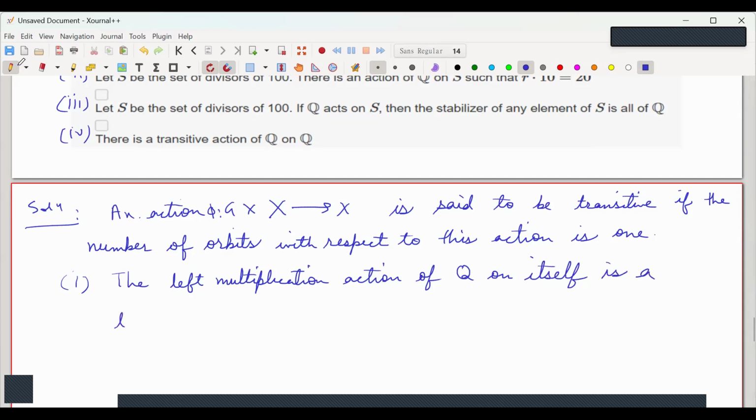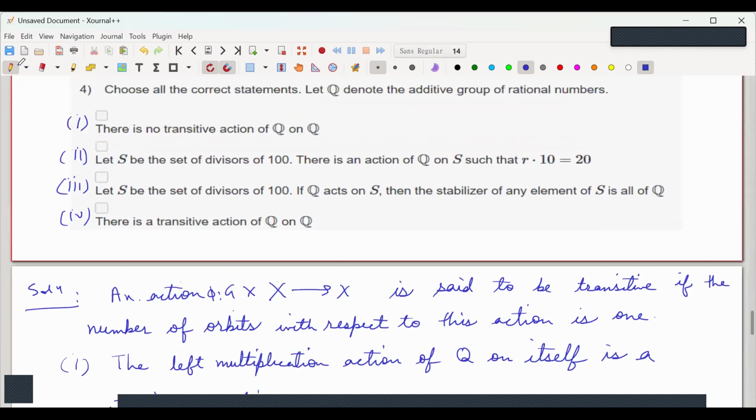And this is transitive for any group, Q has nothing to do here. So for any group G, there exists at least one transitive action given by the left multiplication on itself. So this statement is false. And as I said, Q is doing nothing here. This can be asked for any group, and for any group, there is at least one transitive action.